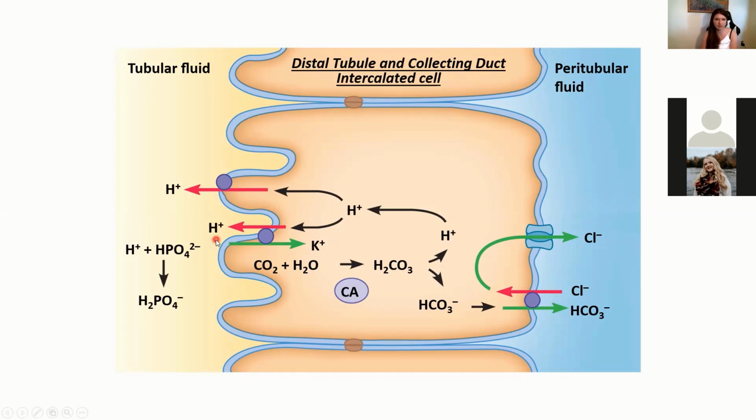So in order to get around that, we use this phosphate buffer in the tubular fluid to kind of control the pH of urine as well. And we have to do that with phosphate ions because we don't have bicarbonate there anymore.